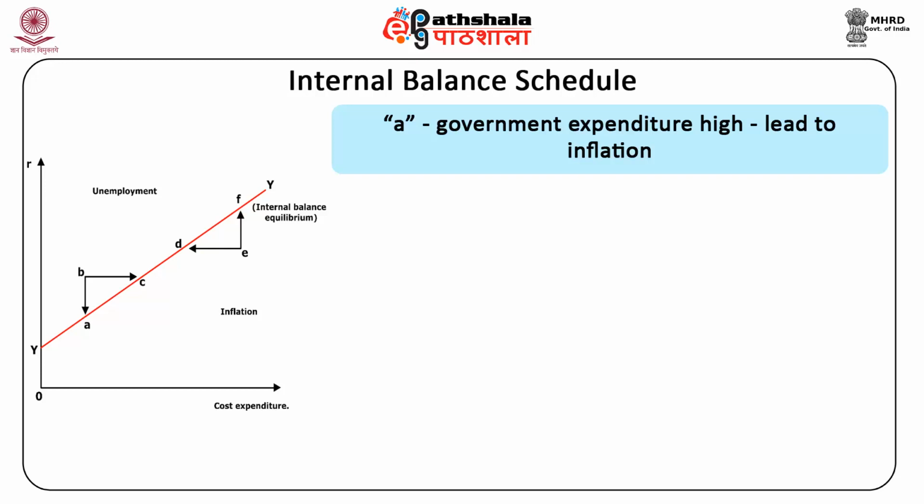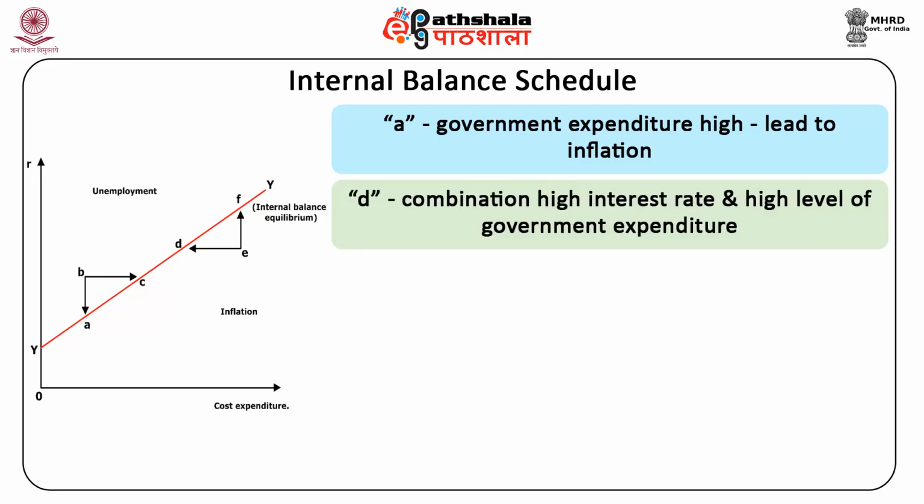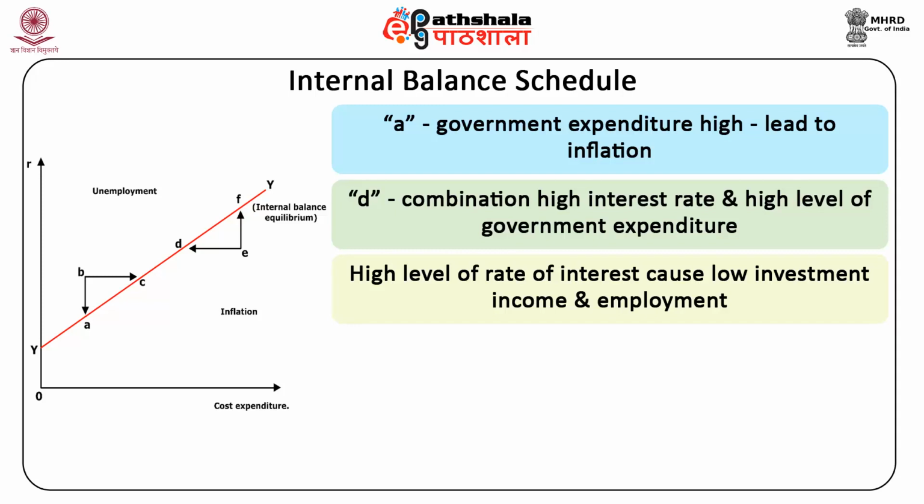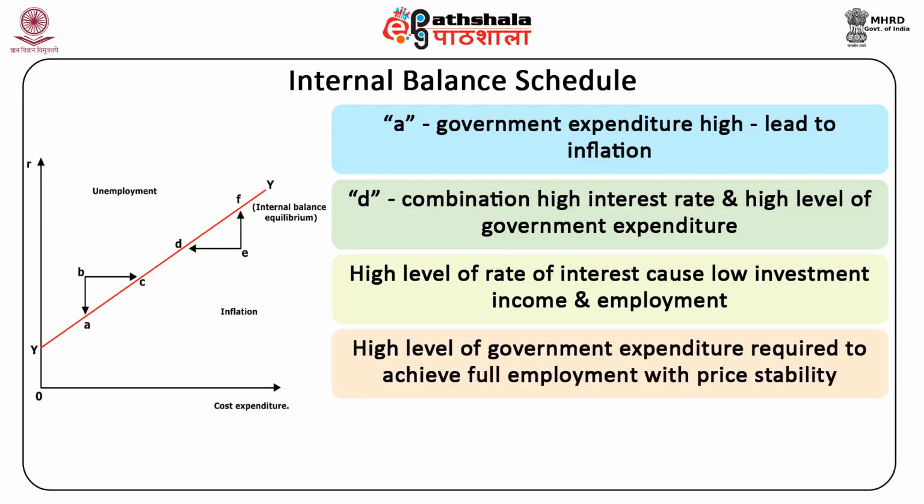Similarly, at another point D on the YY line, we have a combination of high interest rate and high level of government expenditure. Here the high rate of interest would cause low investment, income and employment, and therefore a high level of government expenditure is required to achieve full employment with price stability.